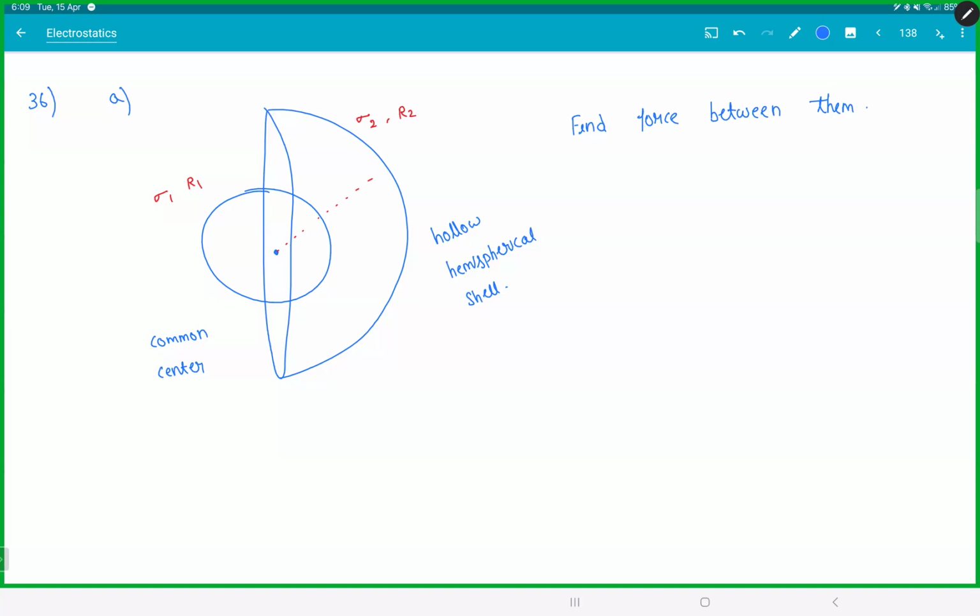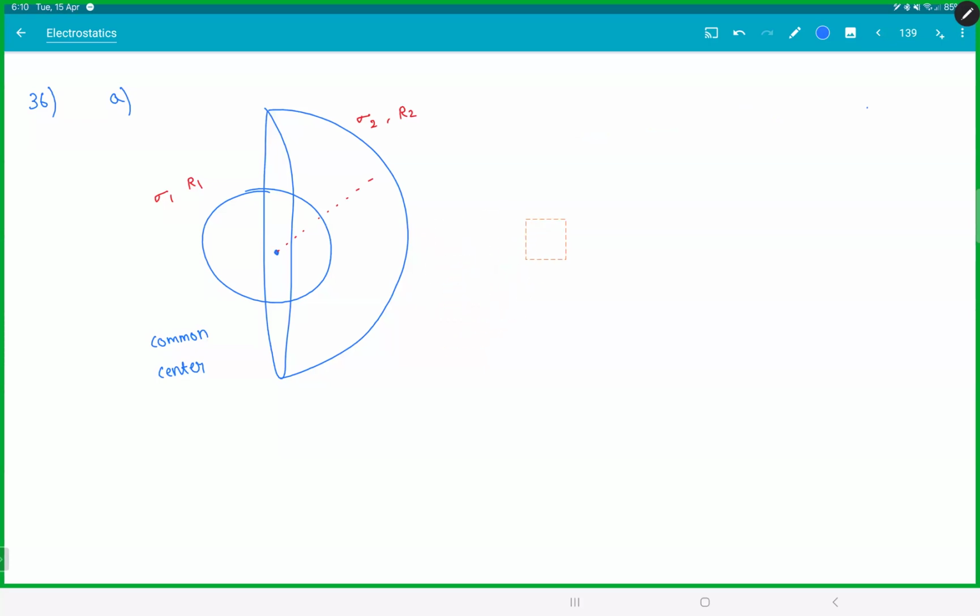How do we do this? See, now, okay, sigma square.